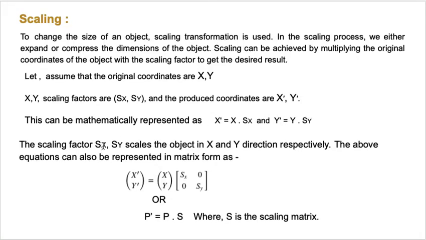The scaling factors sx and sy scale the object in the x and y directions respectively. The equation can also be represented in matrix form: [x dash, y dash] equals the matrix [sx, 0; 0, sy] times [x, y].